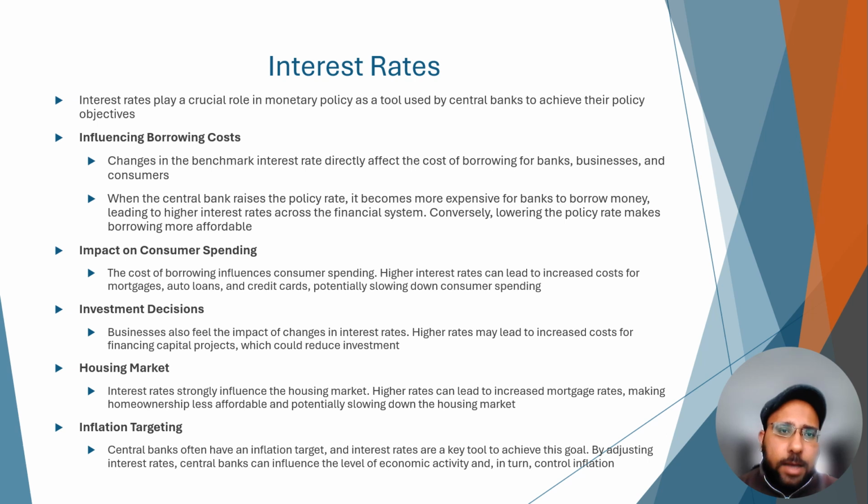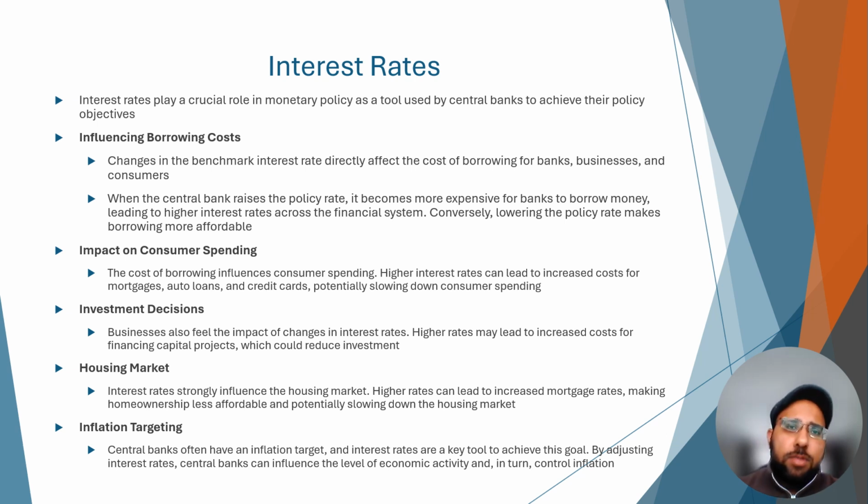And finally, inflation targeting. We will be talking about this in a little bit more detail, but central banks will raise interest rates to slow down the economy. This is if inflation is high. Higher borrowing costs can reduce consumer spending, as we know, as well as business investments. So cooling demand and putting downward pressure on prices is important if we are trying to reach our goal of 2%.